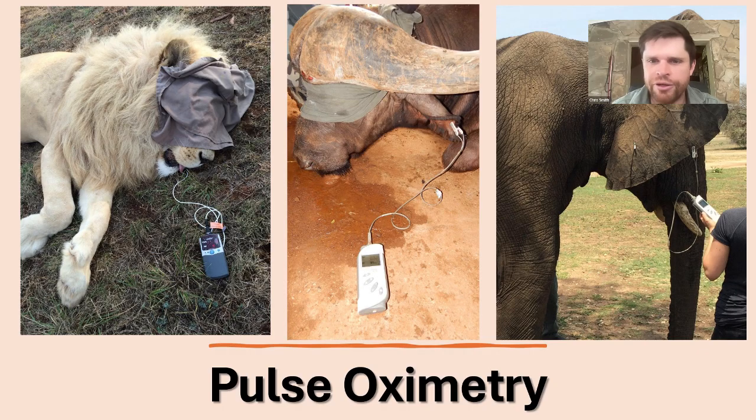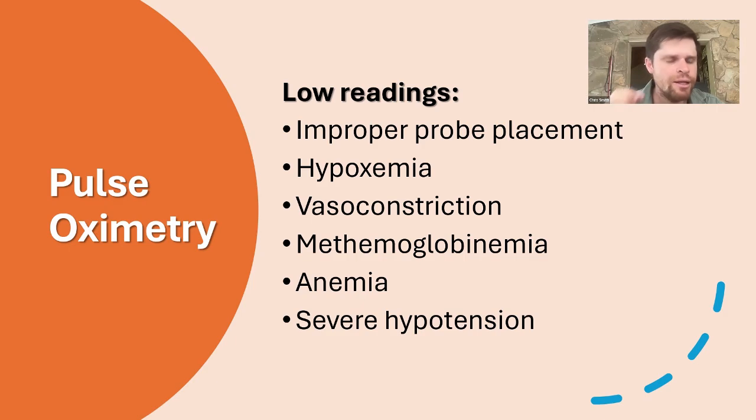Again, it's mainly just experience as to where is going to be the best place to put on these pulse oxes. If you do get very, very low readings, I would say don't just panic straight away. The first thing is to just make sure that pulse ox is placed correctly. If it is placed correctly and you're absolutely convinced about that, then you need to consider what is going on physiologically.